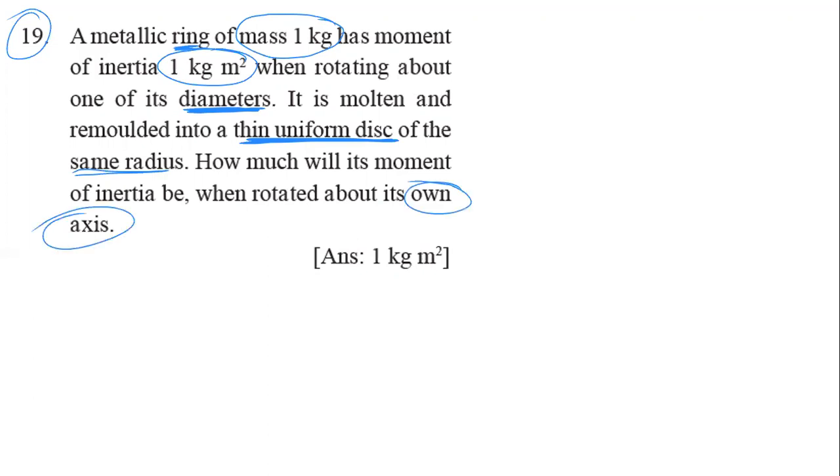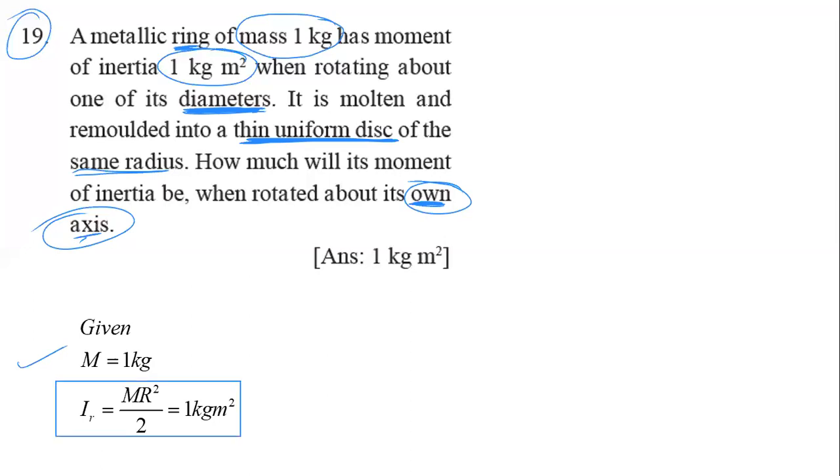Now we have to recall here two formulas: ring about diameter and disk about own axis. Now here given mass is 1 kg. Moment of inertia of ring about diameter is mr square by 2. So mass is 1, r is 1.